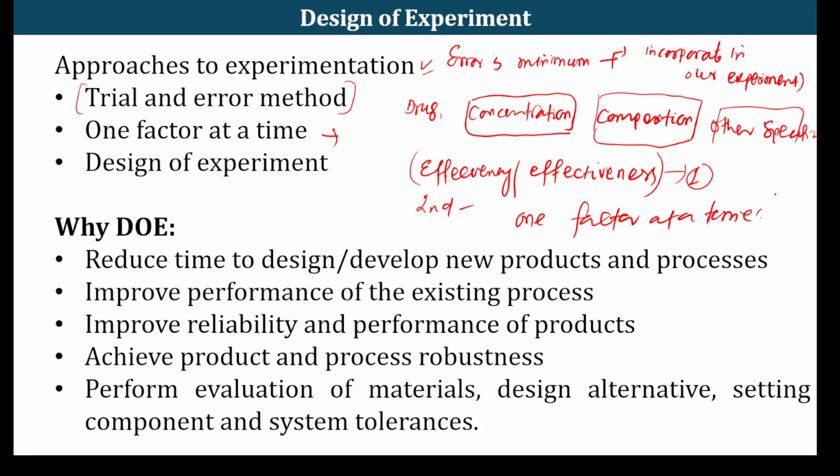What will happen in this case if we take one factor at a time? We will not get the interaction effect. If we take each one individually, the time and resources will be more, but the accuracy of that experiment or design of experiment will be very low, because one factor influences the other factor also.